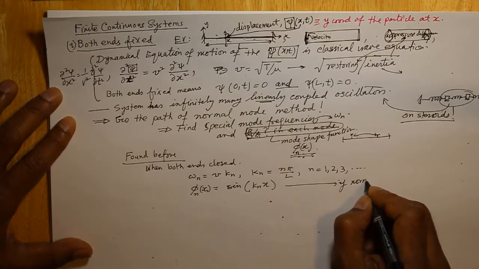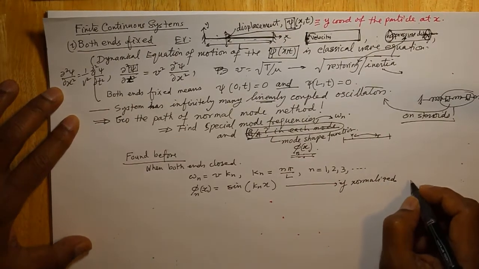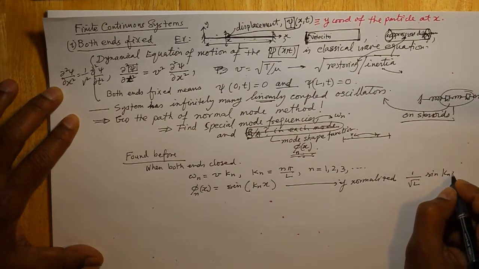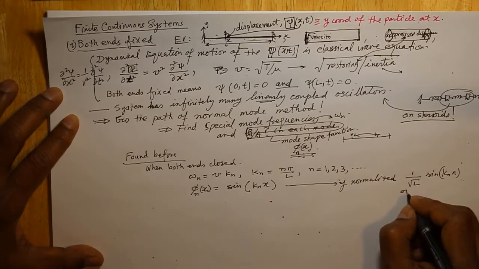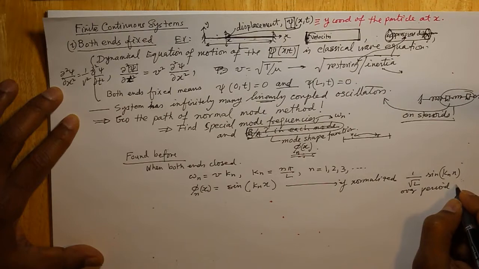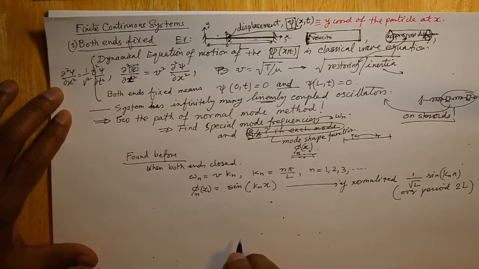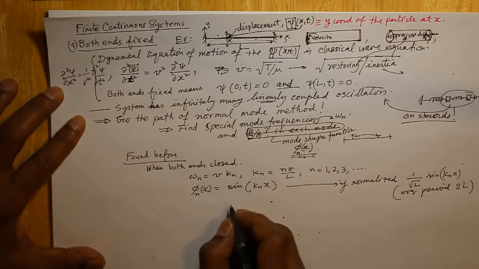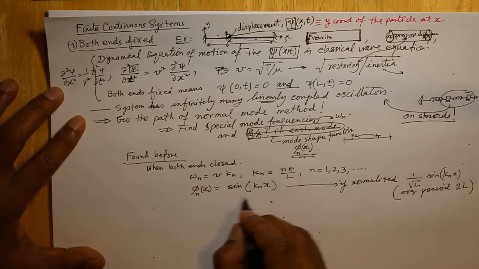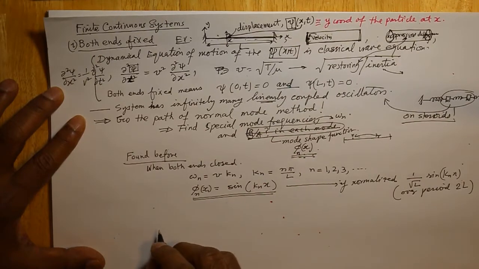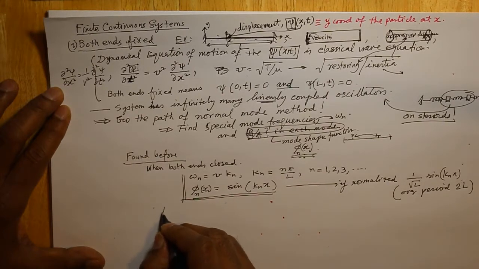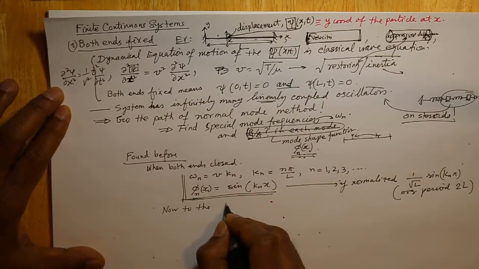If normalized, then we have 1 over square root of L sine k n x, normalized over a period 2L. We can work with this. Okay, so these are mode shapes. If I'm in this mode, what would the solution look like? So those are the cues. So now to the q ends.